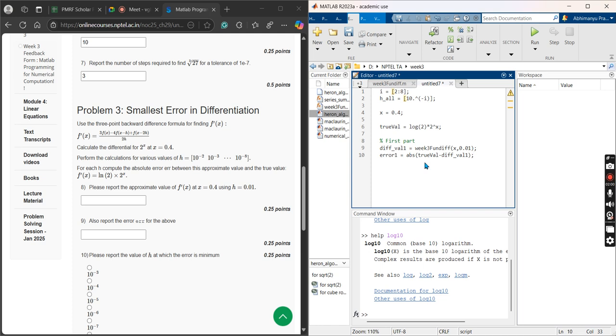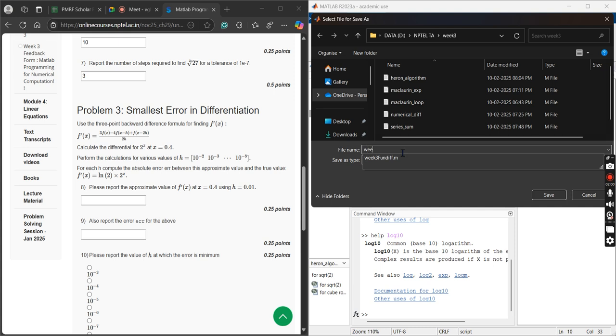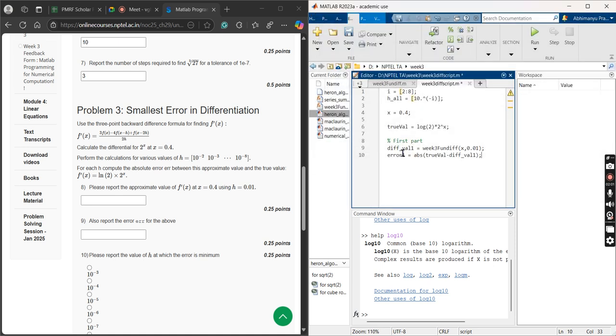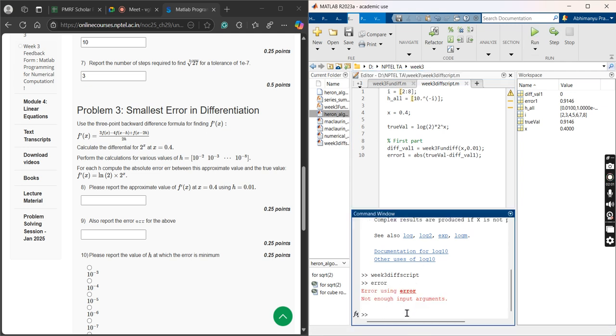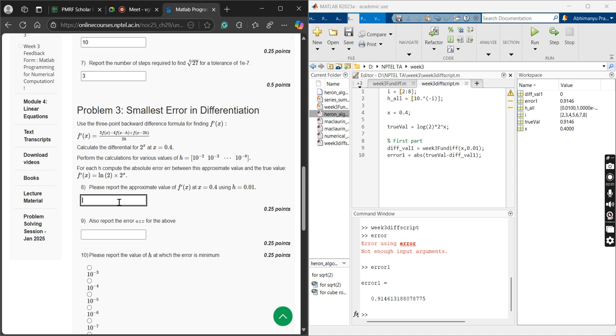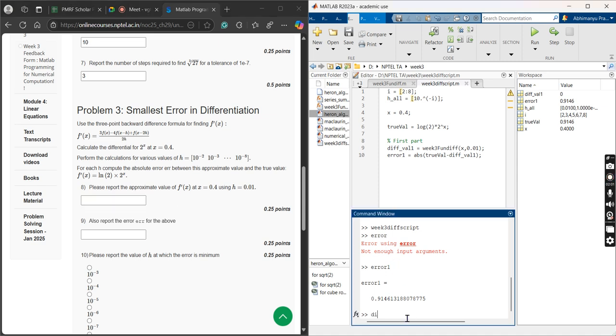Let us just run it: week 3 diff script. If I run this, I get my error, sorry, error1 as this. And I also need to check diffval1.